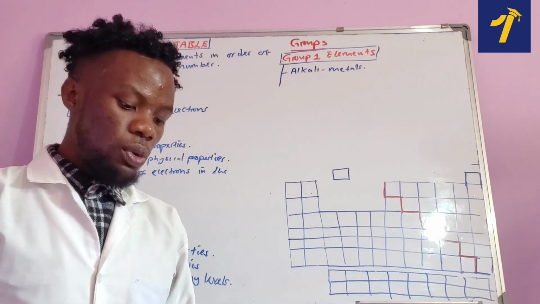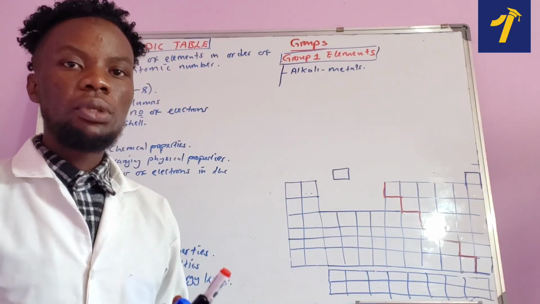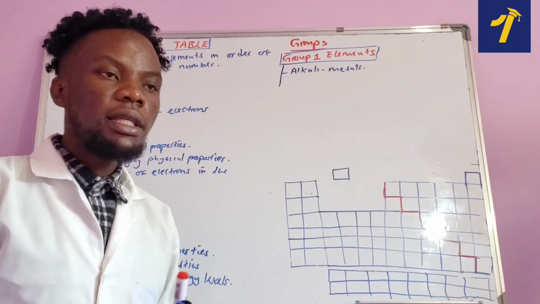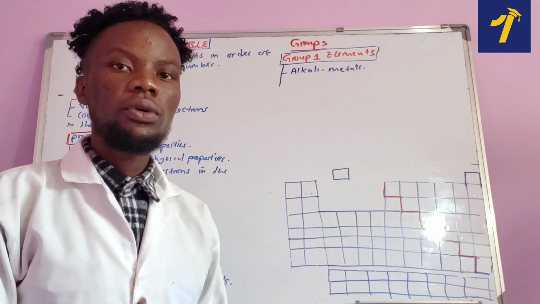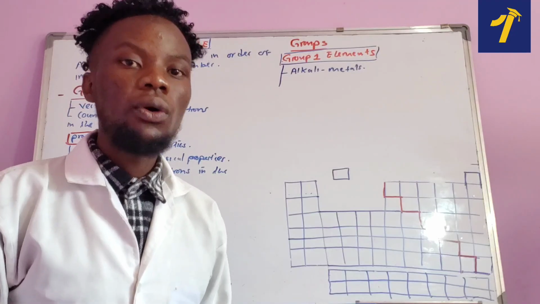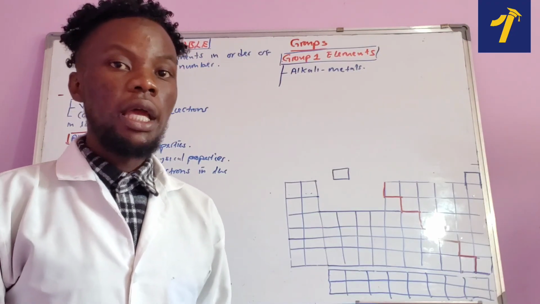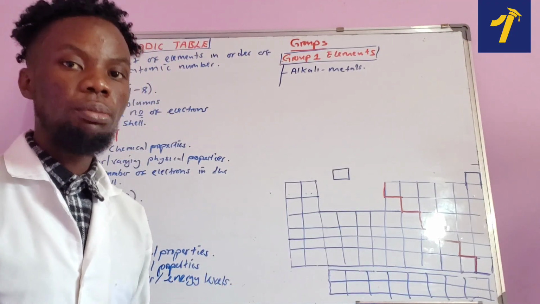Why? Because if you try to react a group 1 element with water or with oxygen, they are going to form an alkali, which is a soluble base. An alkali is a soluble base.